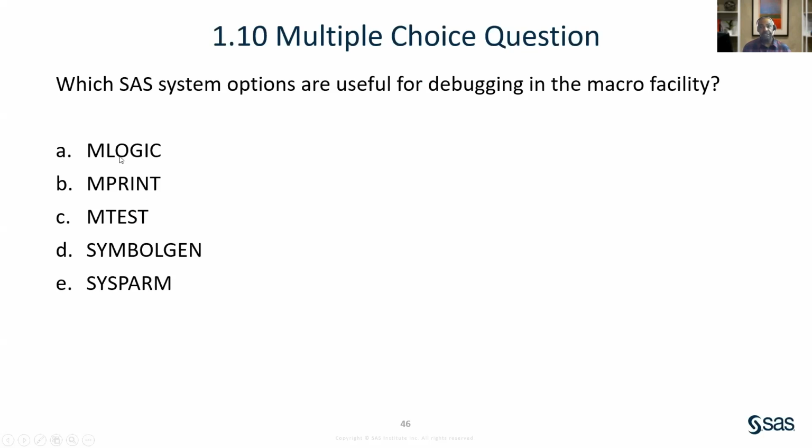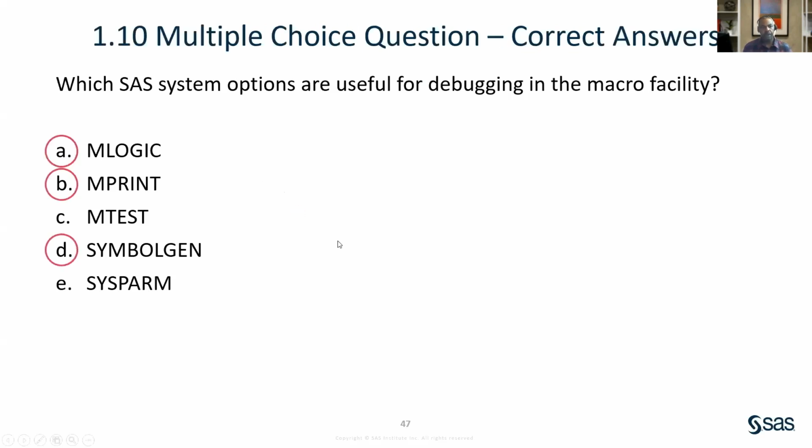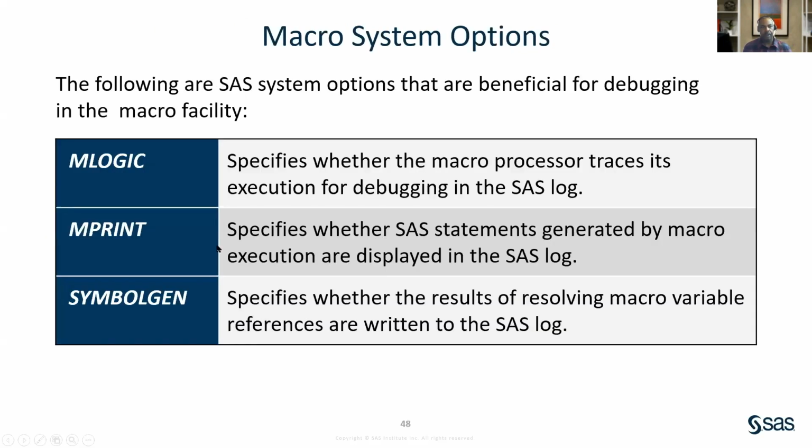MLOGIC is really good because you can see the evaluation result of a %IF type inquiry at the macro program level. It will let you know if it was true or false. It also tracks the beginning and end of your macro execution. Those 3. All right.